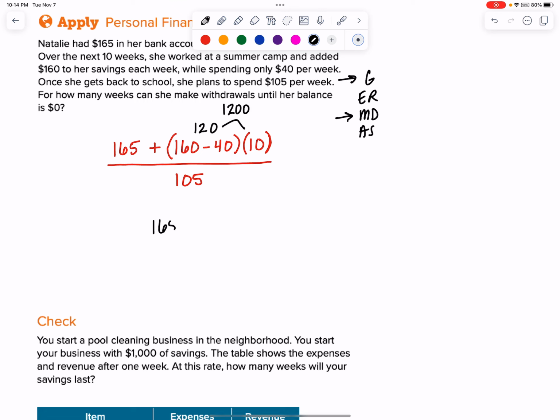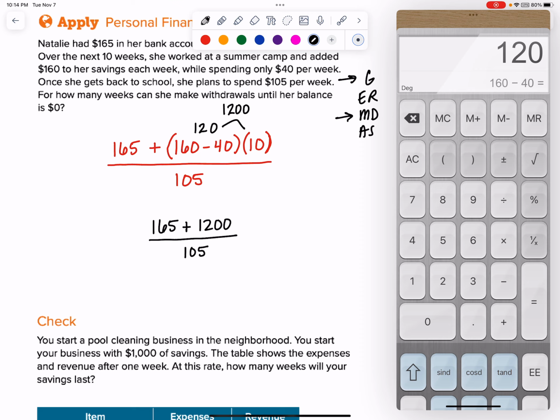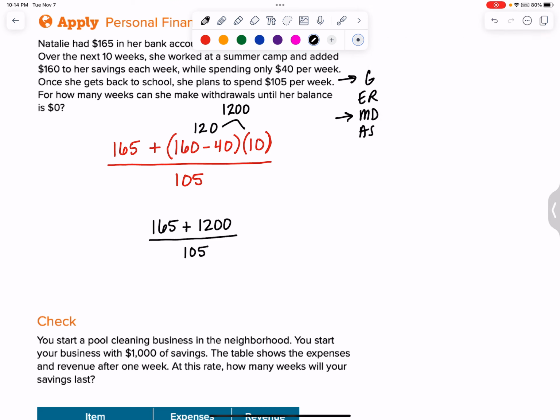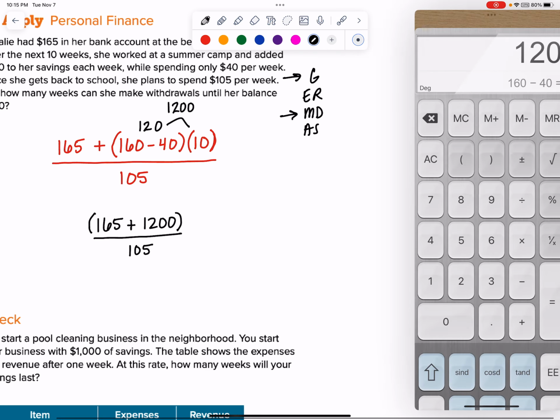Okay, so let's go ahead and do a rewrite here. So we have 165 plus 1,200 over 105. So this is where we are so far. Okay, let's go ahead and add our numerator together. I talked to you about numerators also counting as grouping. So it's this sort of invisible parentheses that you have to take care of before doing the division.